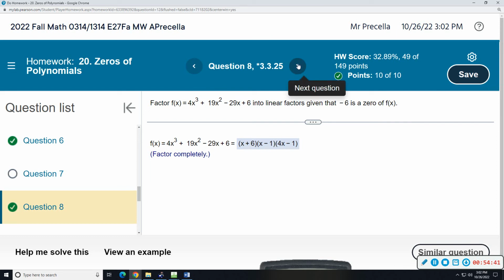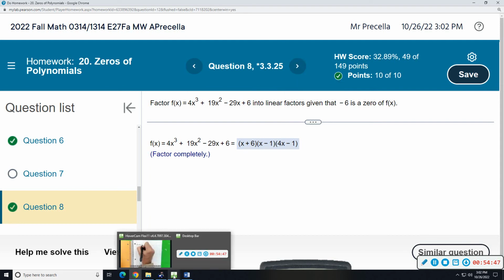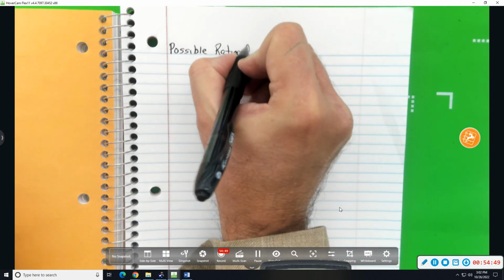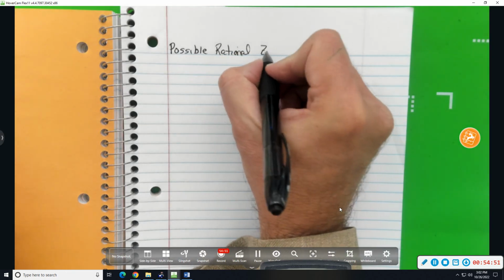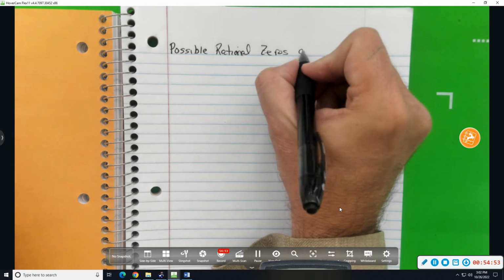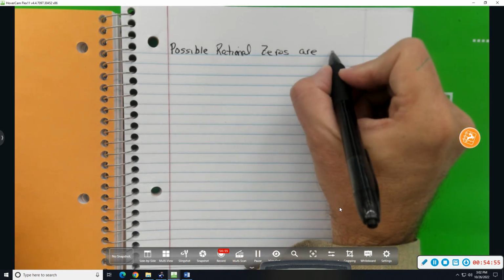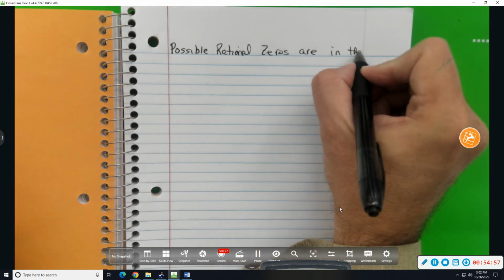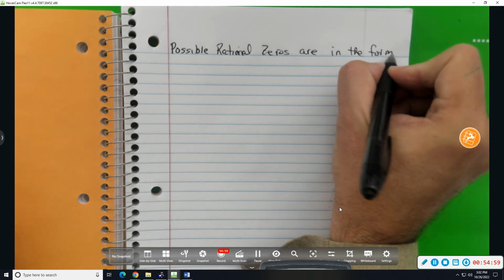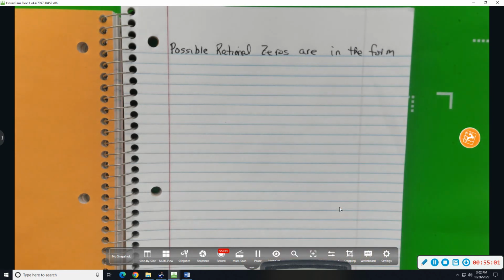Okay. Let me write down. Hold on. Okay. Possible rational zeros. This is going to be a way for you to figure out which numbers could possibly be zeros.